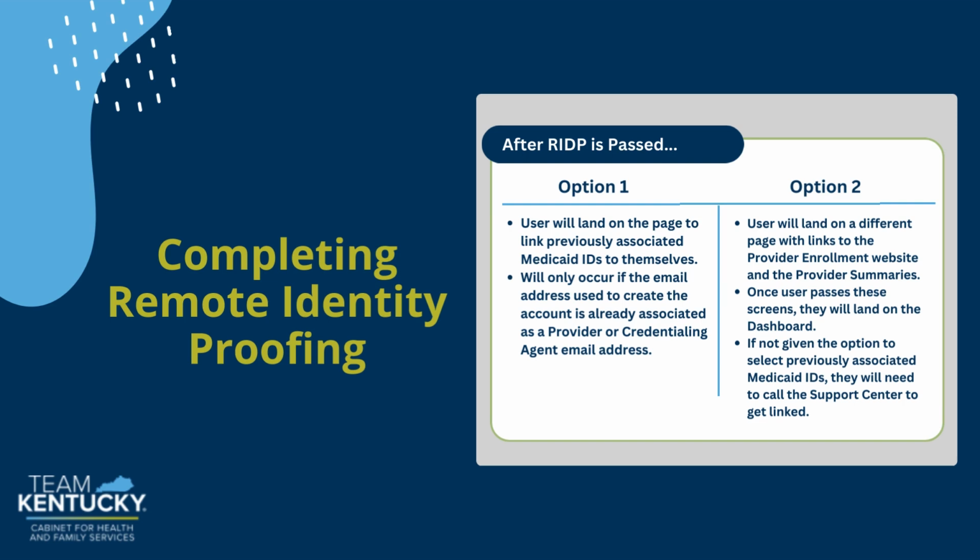Or two, the user will land on another information page with links to the provider enrollment website and the provider's summaries. Once the user passes these screens, they will land on the Partner Portal dashboard. If they were not given the option to select previously associated Medicaid IDs, they will need to contact the Technical Support Center to get linked.